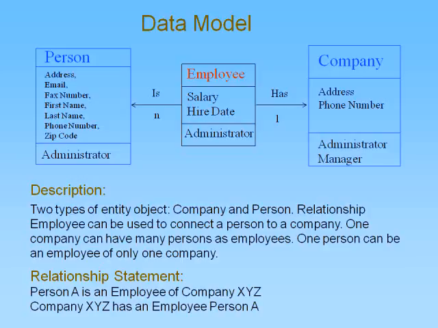Attributes are added to the types as needed. One relationship, employee, is defined with 2 attributes. One company can have many persons as employees, and one person can be an employee of only one company. For person A and company XYZ, we can state the relationship as person A is an employee of company XYZ, or company XYZ has an employee, person A.